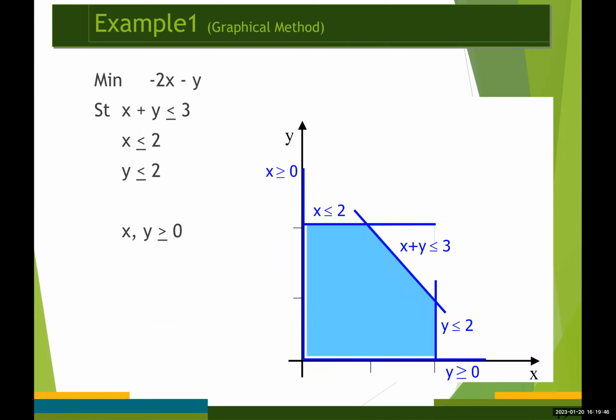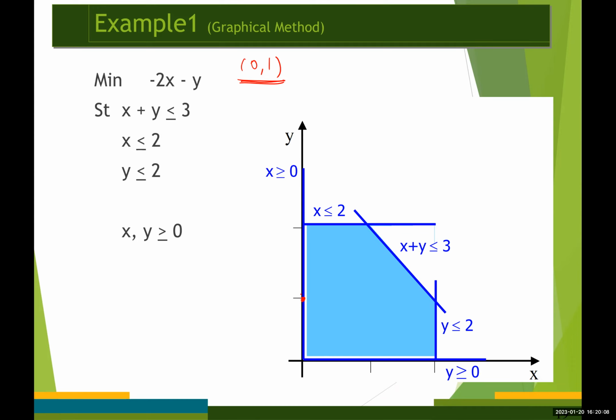Okay, so let's choose point (0, 1) in this case. So arbitrarily we selected (0, 1), which is right here.